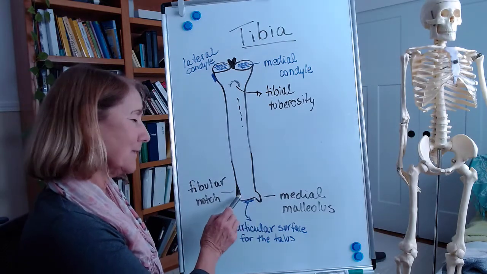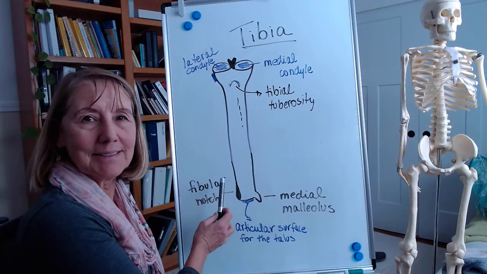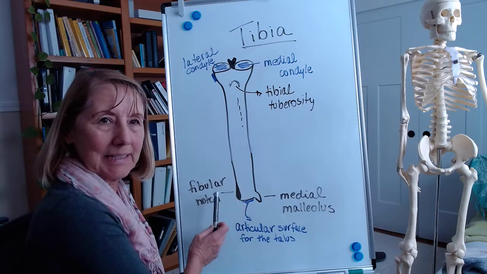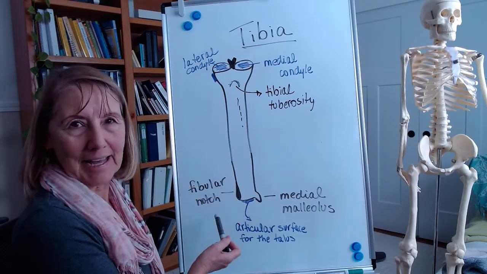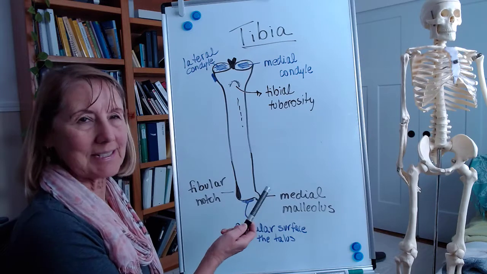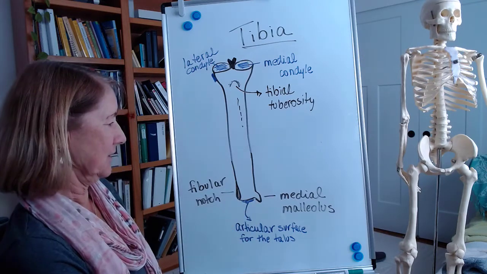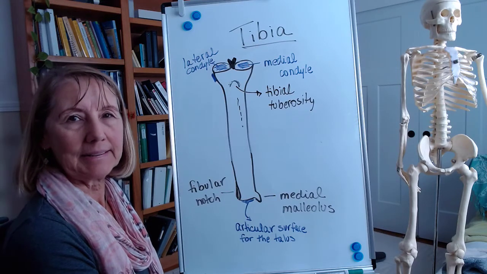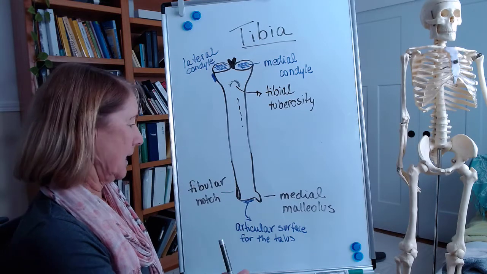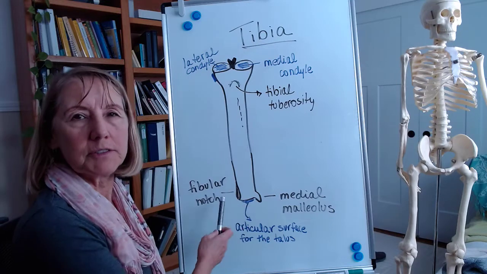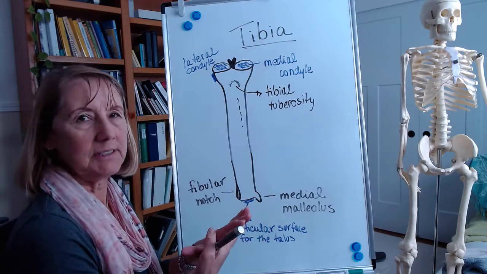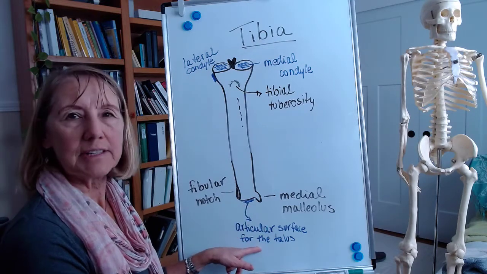And then the little space, the indentation that's going to fit the fibula in there for the lateral malleolus to show, essentially, is going to be right in that location there. Okay, one more structure, and that is the articular surface, meaning the surface that forms the joint, the articular surface for the talus.